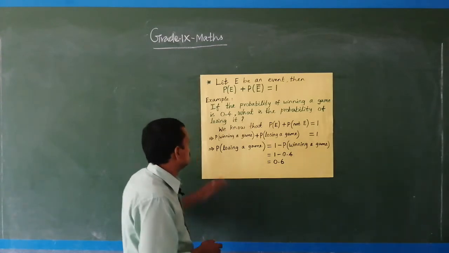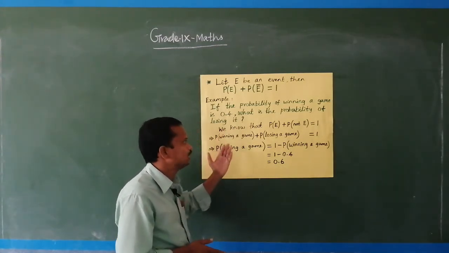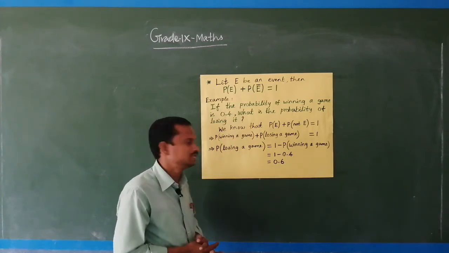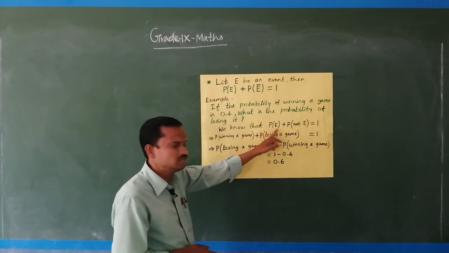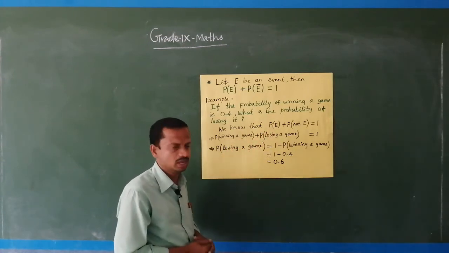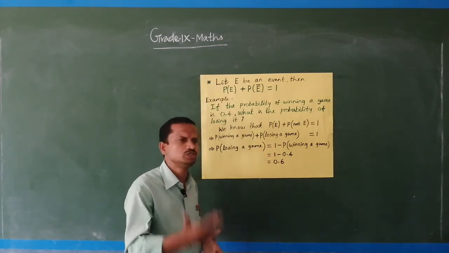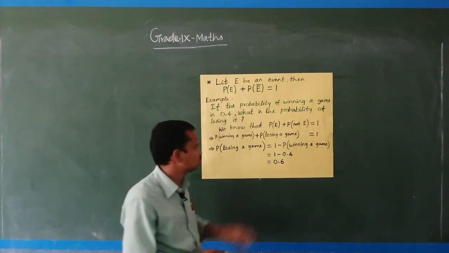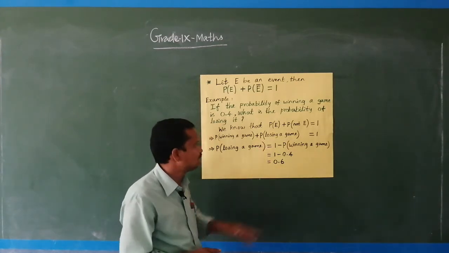Okay. In an experiment, here the experiment is the game. In that game, the winning probability and losing probability are involved. So, we consider event E as winning a game. Therefore, losing a game means not E, which is opposite to winning a game.